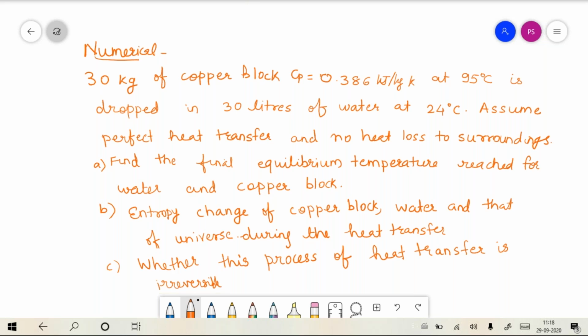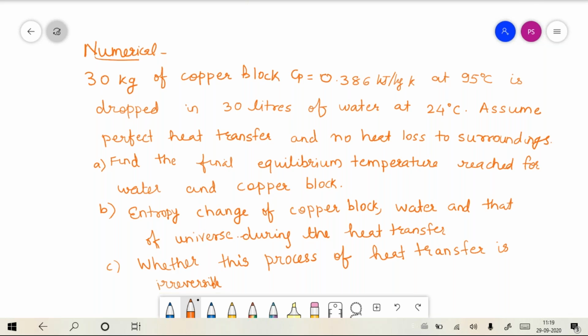We would be calculating the entropy change in this numerical for three things: one is for the copper block, other is for the water, and third is the total entropy change of the universe during the process. Based on these calculations we would be deriving some insights about the actual process which is happening here.